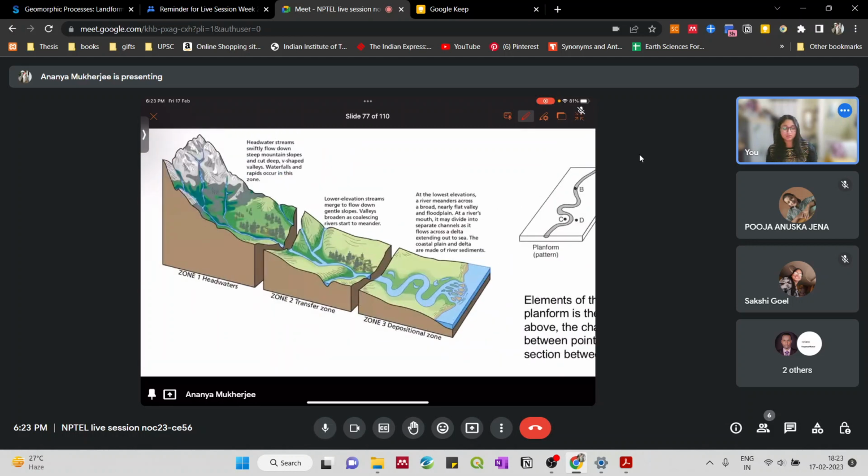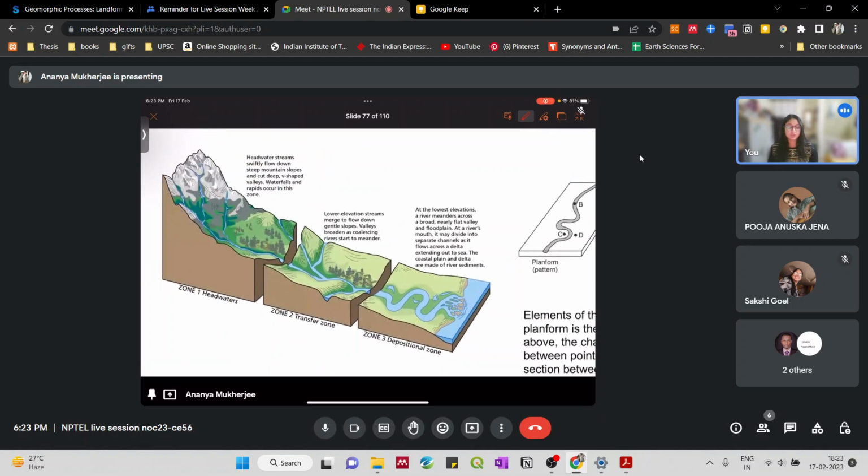In this image you can see that the headwater streams are flowing from elevated areas, okay, and they cut really deep, okay. So over here, if you have ever gone to mountainous regions, you will see that the river valleys are at much depth, okay. Like at elevated areas you can see that the river has reached quite a level of depth, okay.